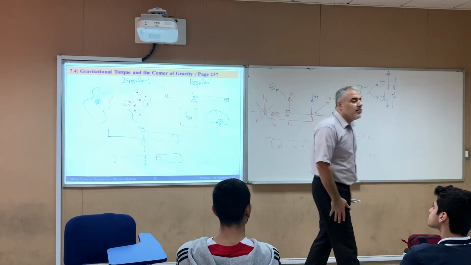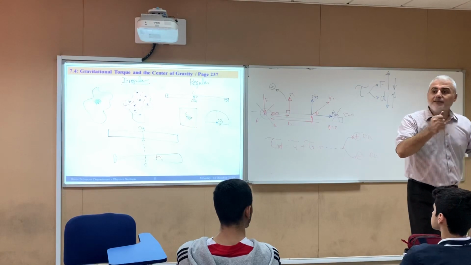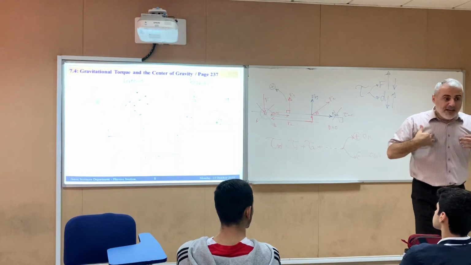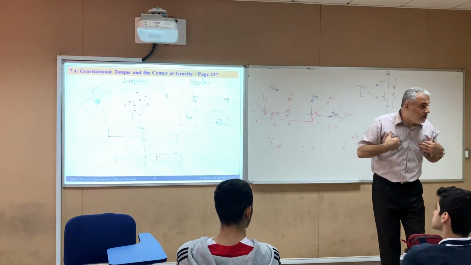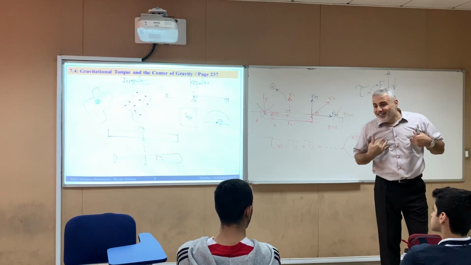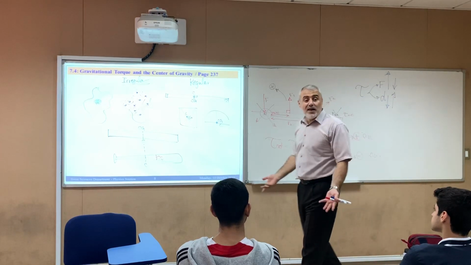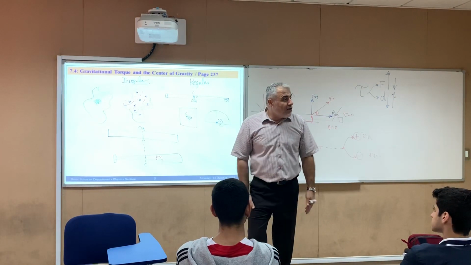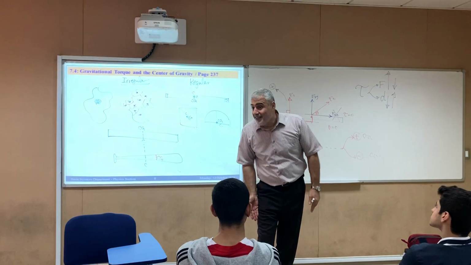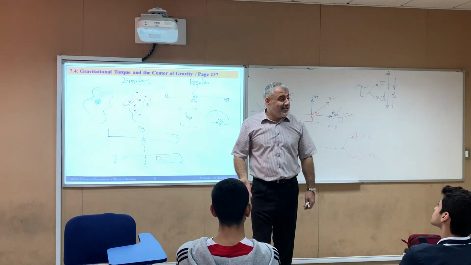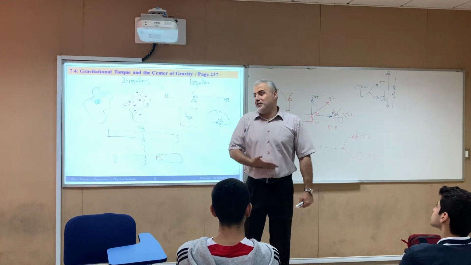Your legs are full of muscles and very giant bones, while your chest is filled with spongy tissue forming the lungs. Your chest is filled with air, empty, but your legs are all muscles from top to bottom. Muscle is heavy, exactly. So what happens? The center of gravity will be low.